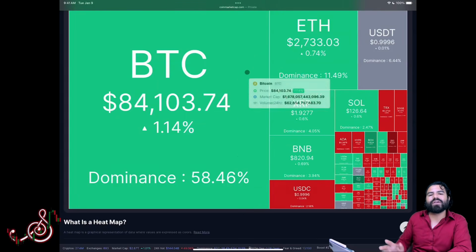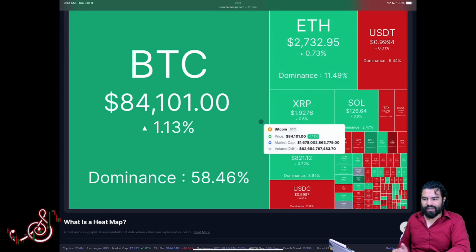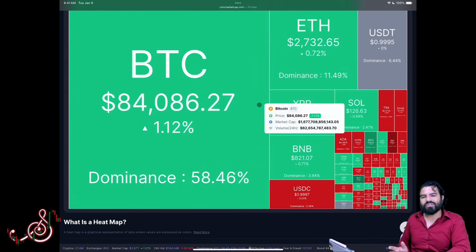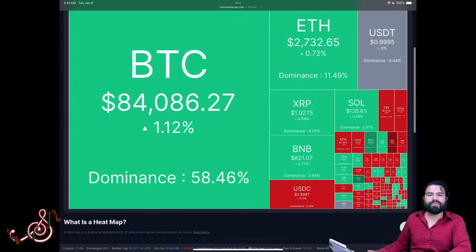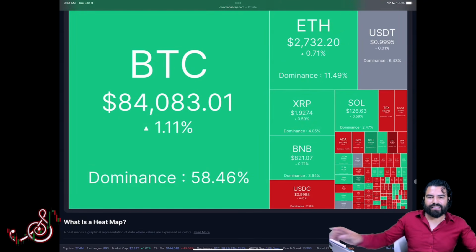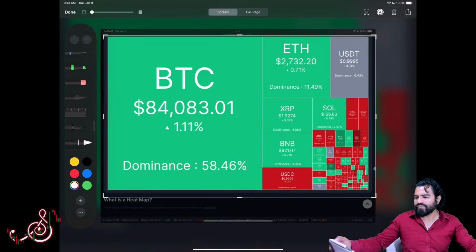What happens in Bitcoin affects the rest of the market. If it's primarily trending down, people think it is a reflection of the market. Now if this is trending up, this will be a reflection of the market. So this is going to be an important thing. Now you guys can type in heat map and you'll see that. But that's how you can take a moment at a glance to see how much is what.